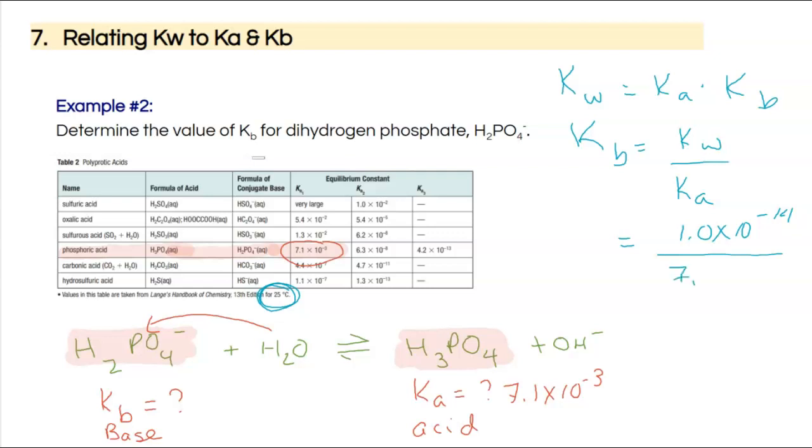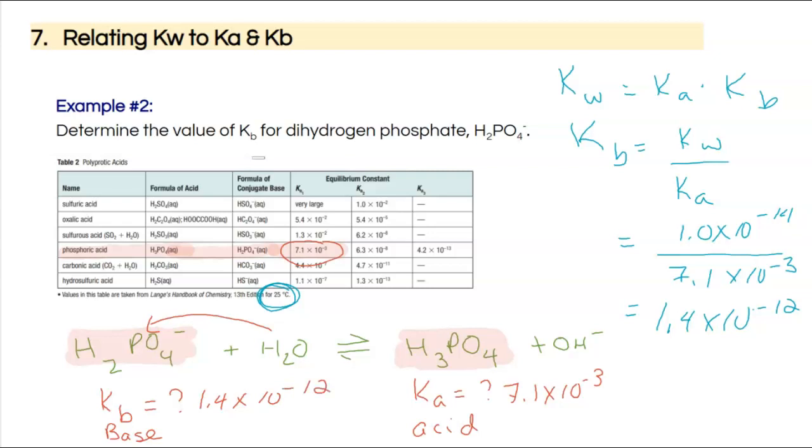So divided by 7.1 times 10 to the negative 3. And when I substitute these values into my calculator, I get 1.4 times 10 to the negative 12. Okay. So what I figured out is that the Kb value for H2PO4 minus is 1.4 times 10 to the negative 12.